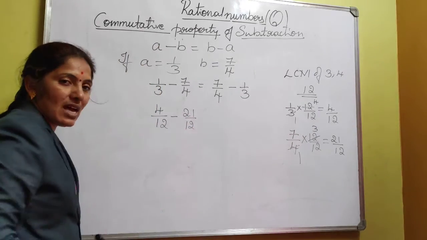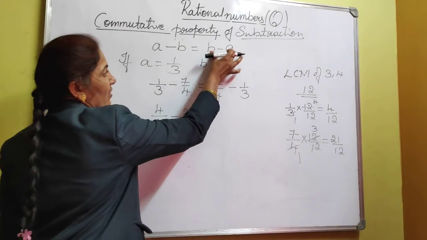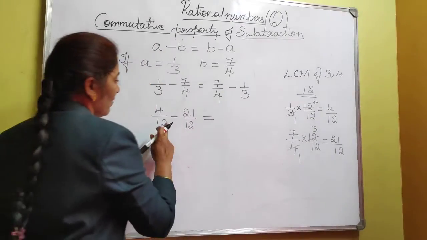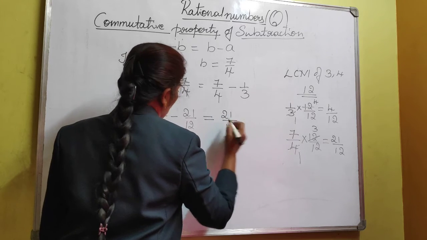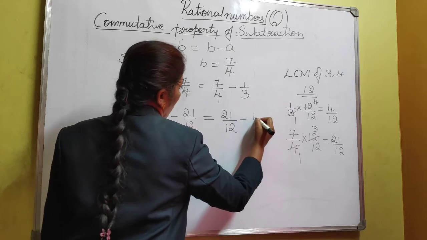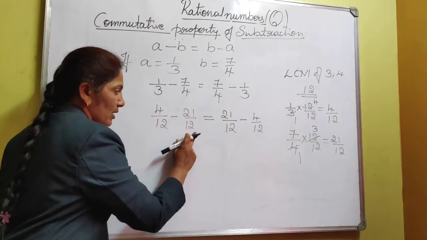The denominators are equalized. Now I'll interchange, or I'll write in the form B minus A. What is the B value here? 21 by 12 minus 4 by 12. You can observe here the denominators are the same.